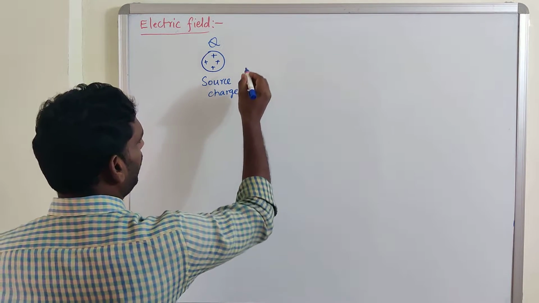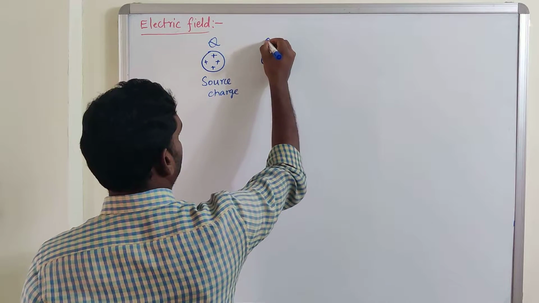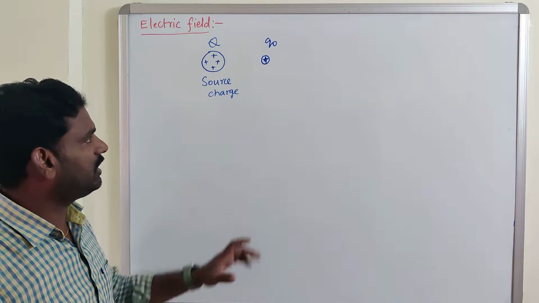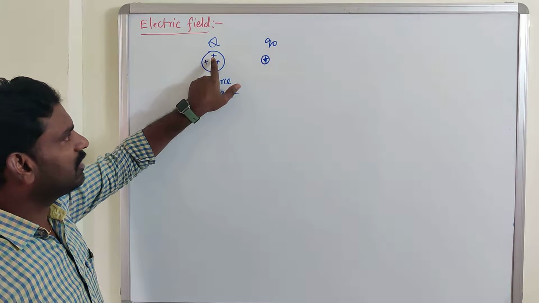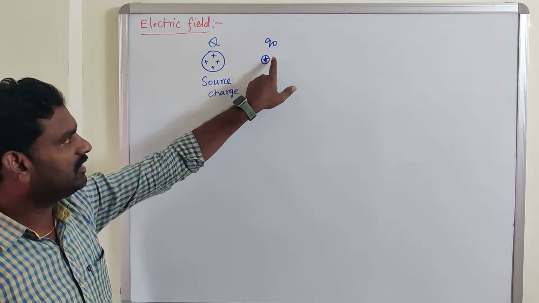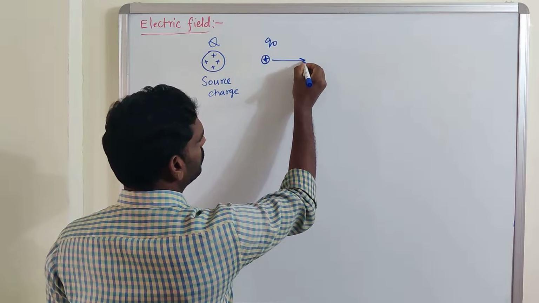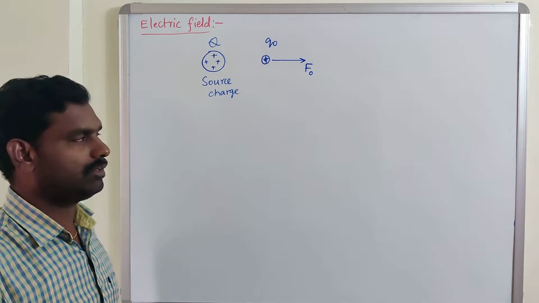If I have another charge Q naught here, this is a positive charge, and this is also a positive charge. As both are positive charges, the force by the source charge on this charge is a repulsive force, acting like this. Let us consider this force as F0.